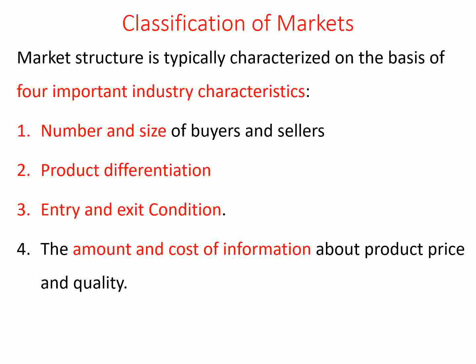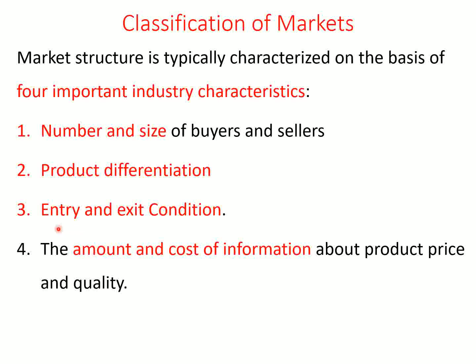The number of buyers and sellers, and the size of buyers and sellers, is one of the parameters to categorize market structure. The second is product differentiation, whether the product is homogeneous or differentiated. This is also another parameter to divide market structure.